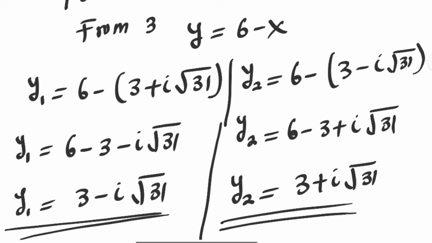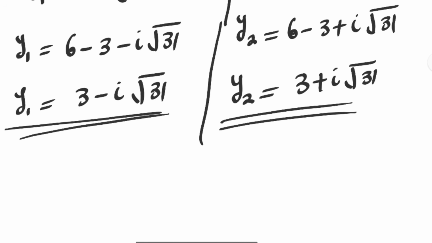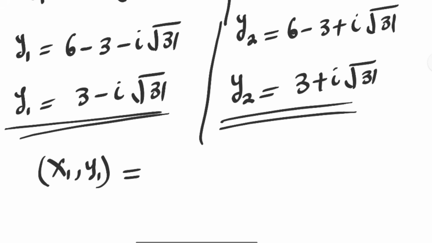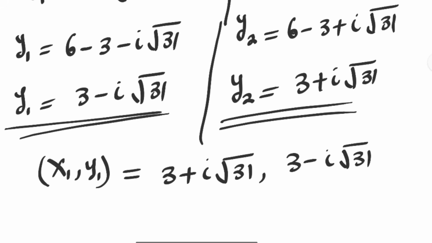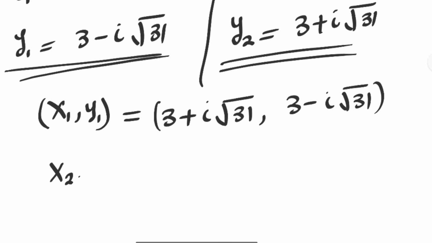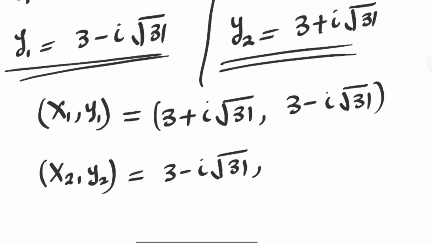This is the value of y2. Our final answers are x1, y1 is equal to 3 plus i root 31, 3 minus i root 31. x2, y2 is equal to 3 minus i root 31, 3 plus i root 31.